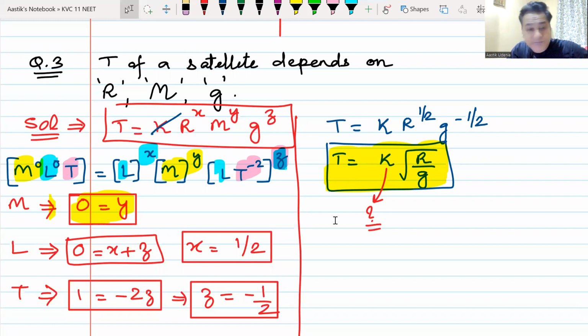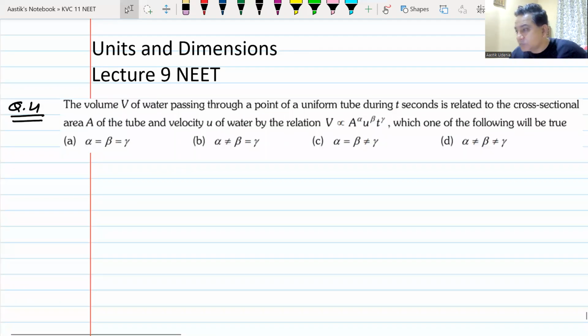On similar lines, we had seen this question, and we will start with the same question. We were given the volume of water passing through a point of a uniform tube during t seconds.